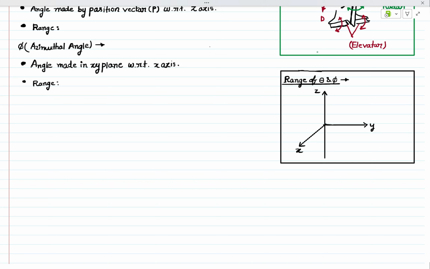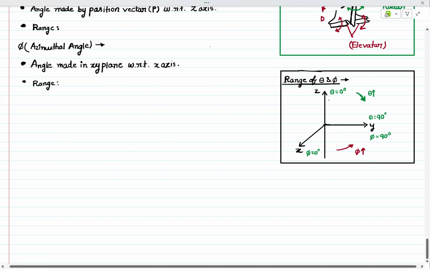Here theta is 0, here phi is 0. Theta is varying in this direction. Here theta is equal to 90 degrees, and here phi is also equal to 90 degrees, and phi is varying in this direction where phi increases. Now how do you have to vary theta and phi so that I can make a total sphere?